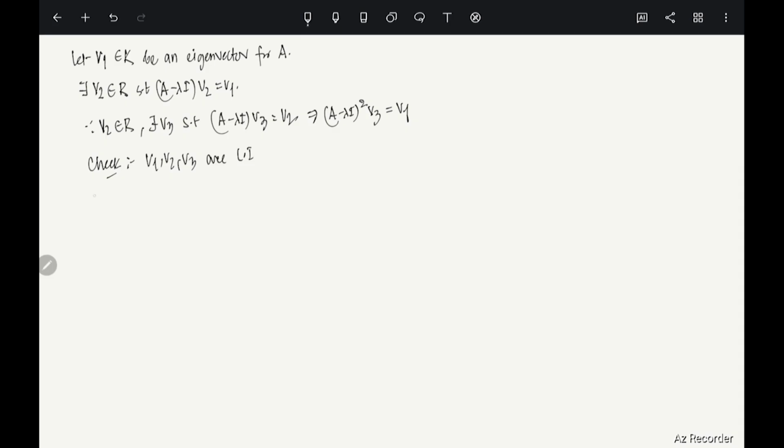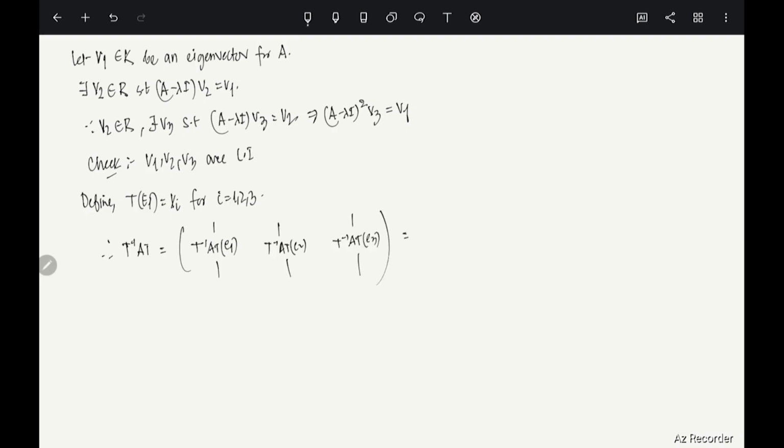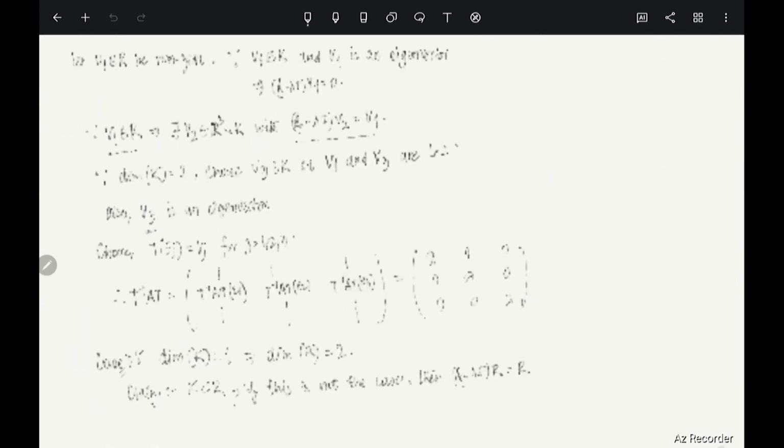So you define your T as T of e_i equals v_i, for i equals 1 to 3, and therefore I want you to check T inverse A T. The first column is T inverse A T acting at e1, the second column is acting at e2, and the third column is acting at e3. Do exactly the same sort of thing as we did here.